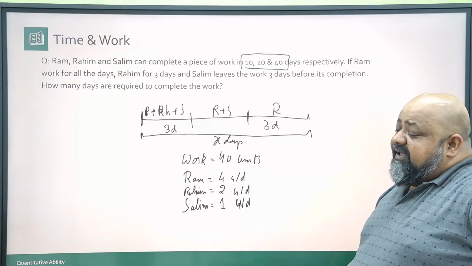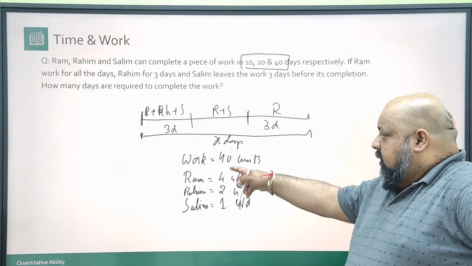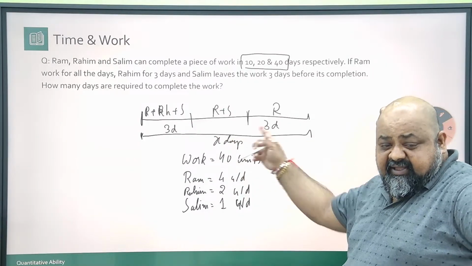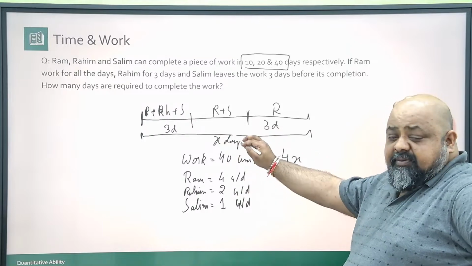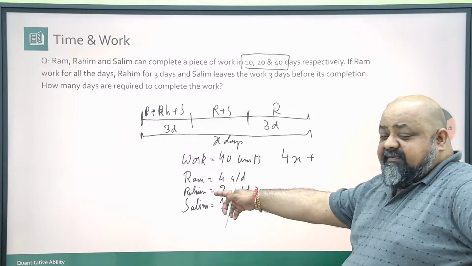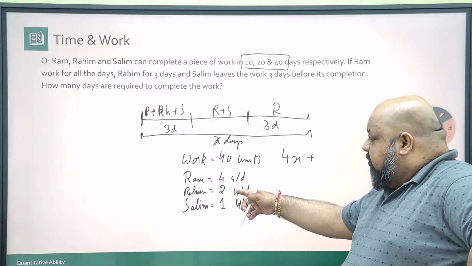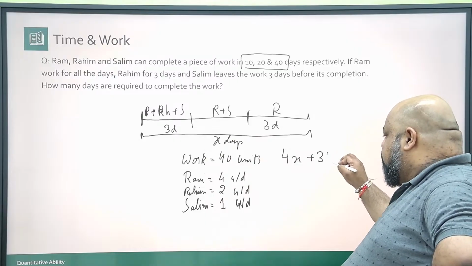What will be the work done by Ram? Because Ram works for X number of days, the entire thing, the work that he will do is 4x, efficiency into number of days. The work that Rahim will do is 2 units per day for the 3 days that he works, so 3 into 2.